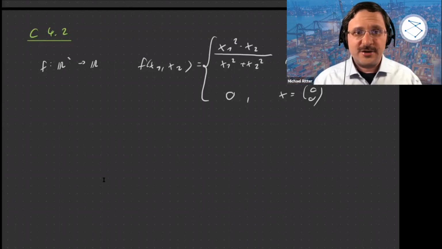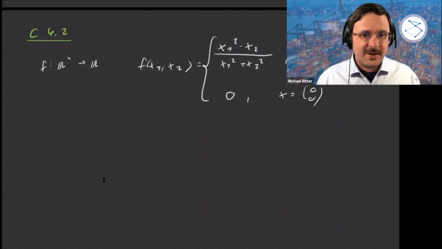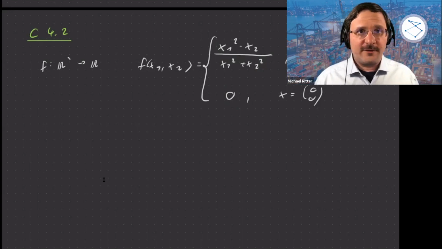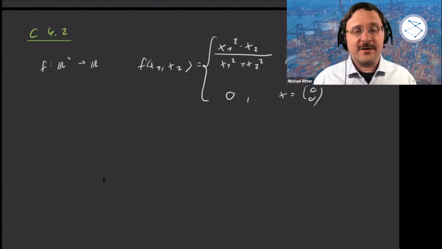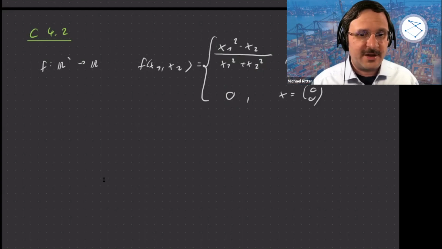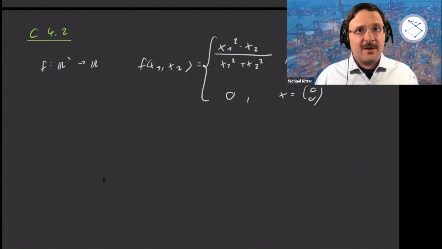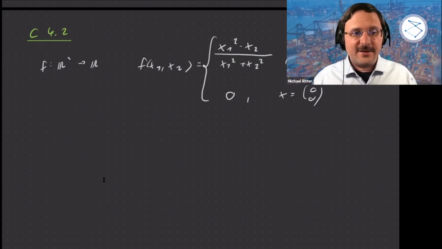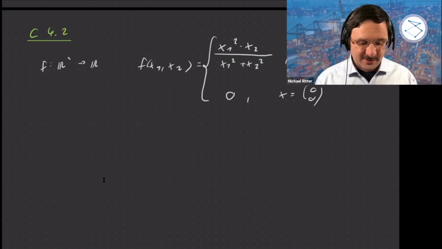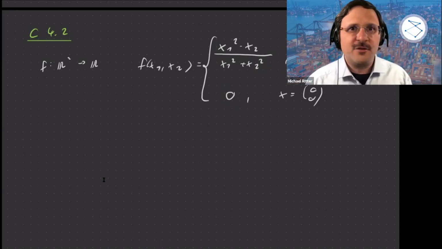So the restriction to each line will be differentiable. And that will mean the total differential of f can only be the 0 vector. We'll see how to get to those numbers. But it will turn out that f itself is not actually differentiable at the origin. And we're going to show that too. And we're also going to get to the kind of root cause of that problem.